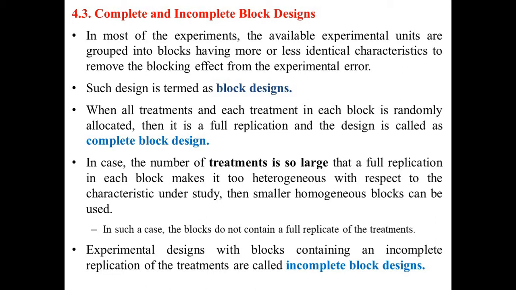In such cases, we use incomplete block designs. That means the blocks do not contain a full replicate of the treatments; each block will not contain all the treatments. Such experimental designs, with blocks containing incomplete replications of the treatments, are termed incomplete block designs.